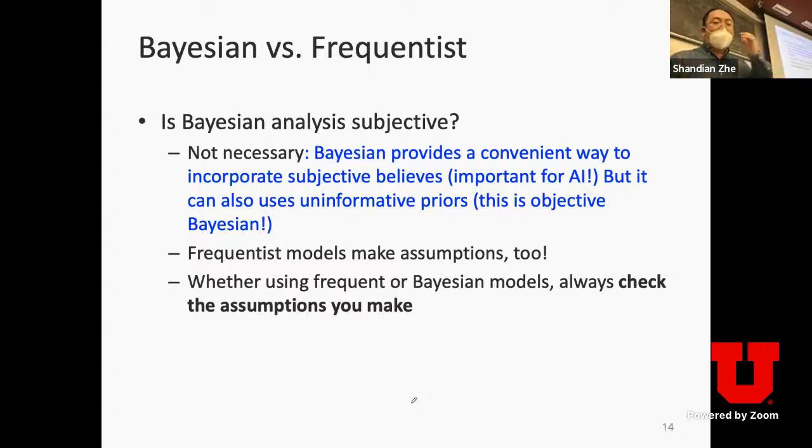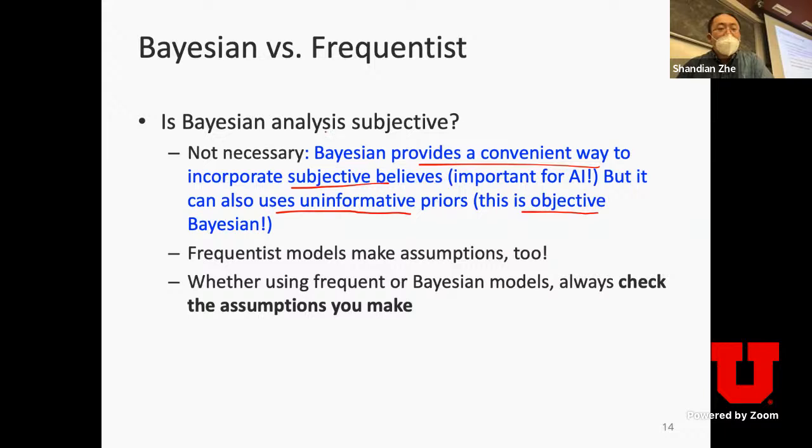So many people say Bayesian analysis is subjective. But it's actually not necessary. Bayesian indeed provides a convenient way to incorporate subjective beliefs, which is important for AI, but it can also use uninformative priors, which we are going to discuss right now. If we use an uninformative prior, this is called objective Bayesian.